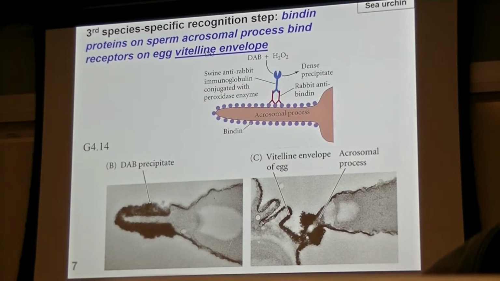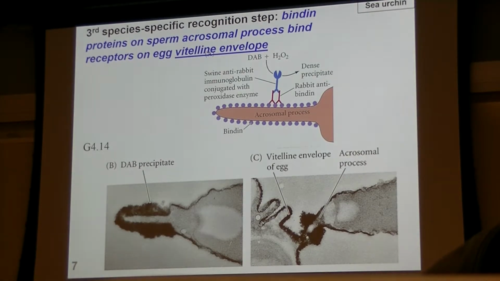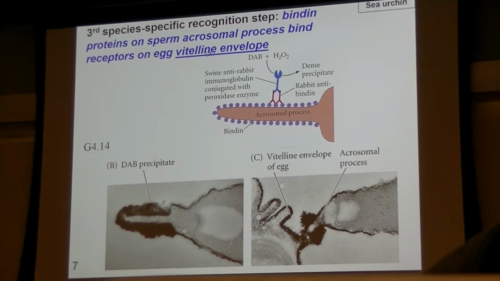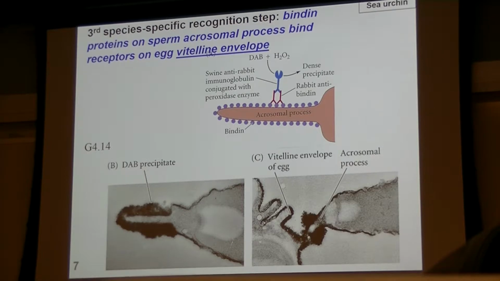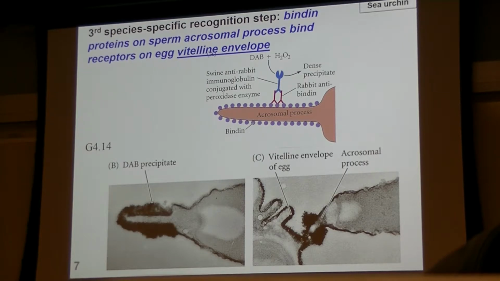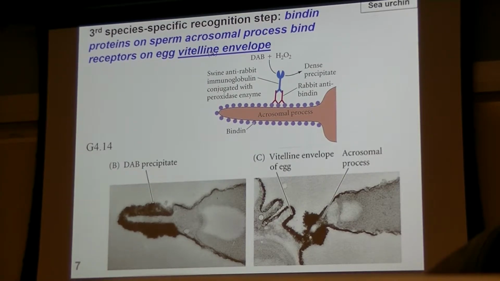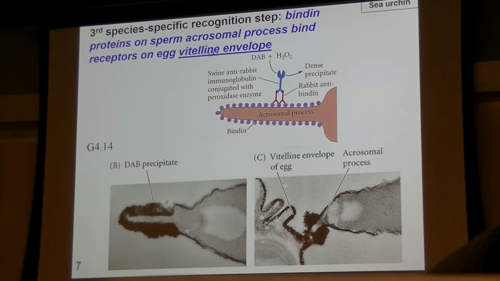This also has the advantage for the sea urchin that these binding molecules can be species specific. They are going to be binding to the vitelline envelope, that red layer in the egg that we just showed you. After these acrosomal contents are released, there are enzymes in that mixture that will help the sperm digest its way through the jelly layer.